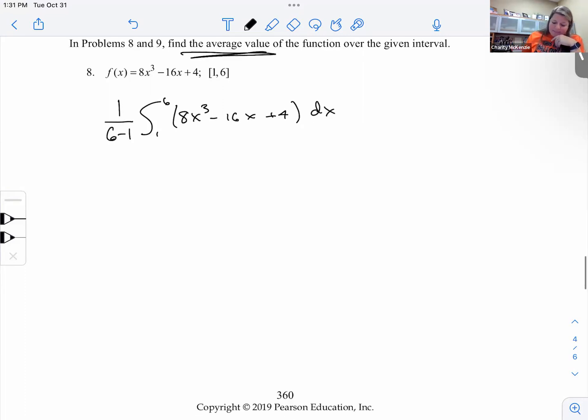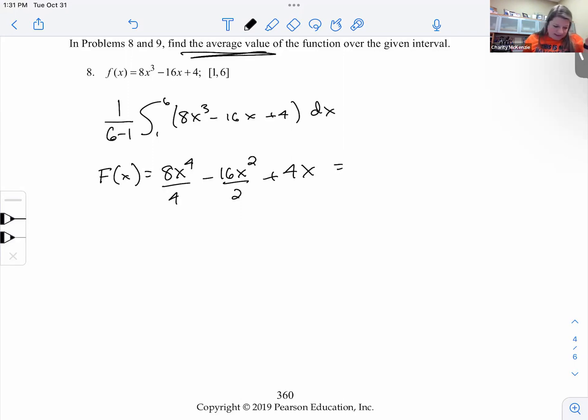Okay, so just for practice, again, I'm going to do this one by hand because it's pretty easy to do the antiderivative on this one. The antiderivative of this function is going to go x is to the third, 3 plus 1 is 4. So I'm going to have 8x to the fourth divided by 4 minus 16x squared divided by 2 plus 4x is going to be our antiderivative.